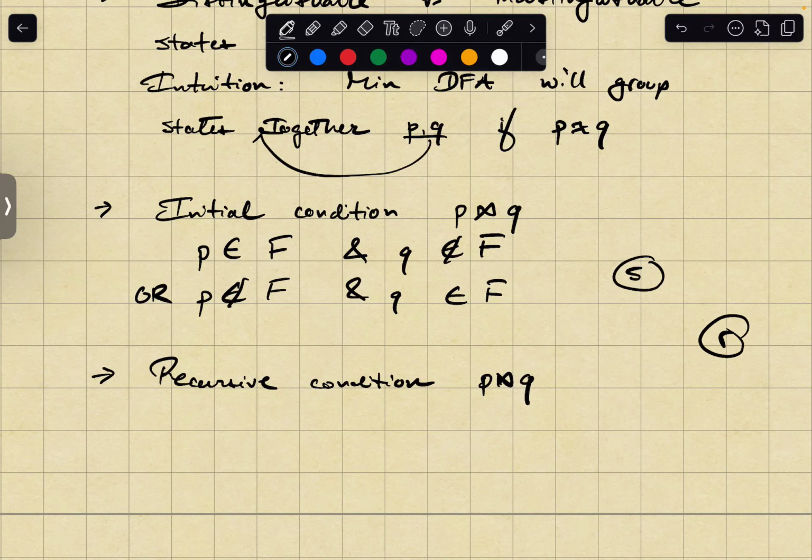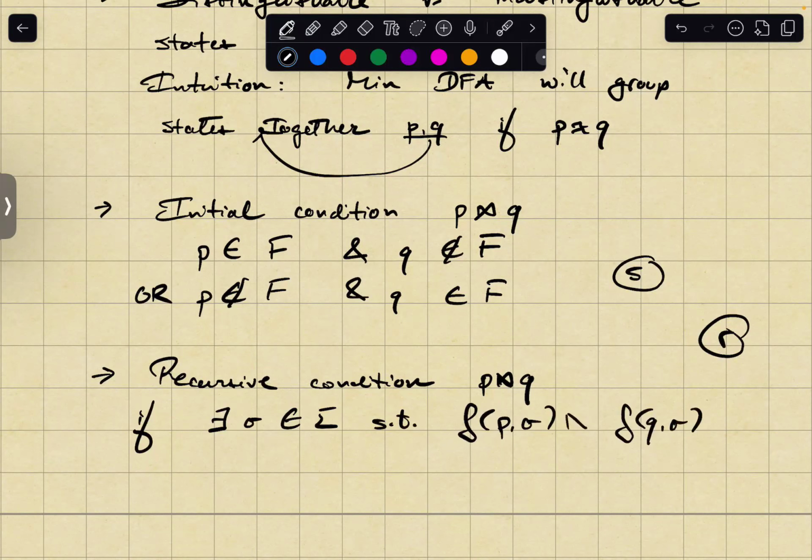right? So if there exists a letter in sigma such that when you read that letter from P and when you read that letter from Q, you go to a pair of distinguishable states. For instance, I have S and R, and I know that S reading an A goes to P, and R reading an A goes to Q, which is an accept state.